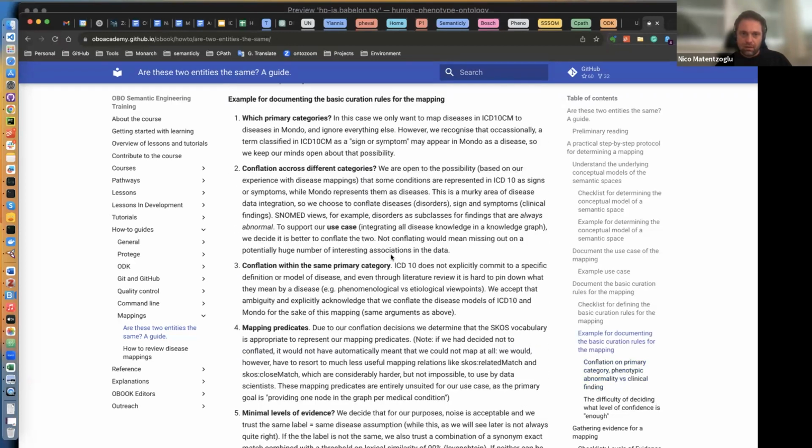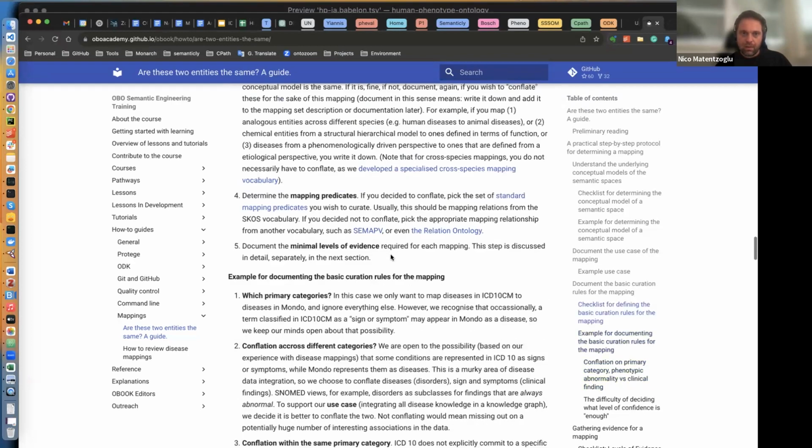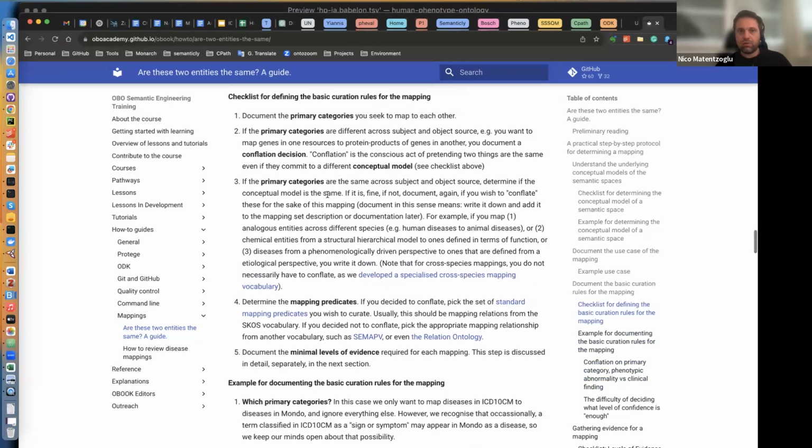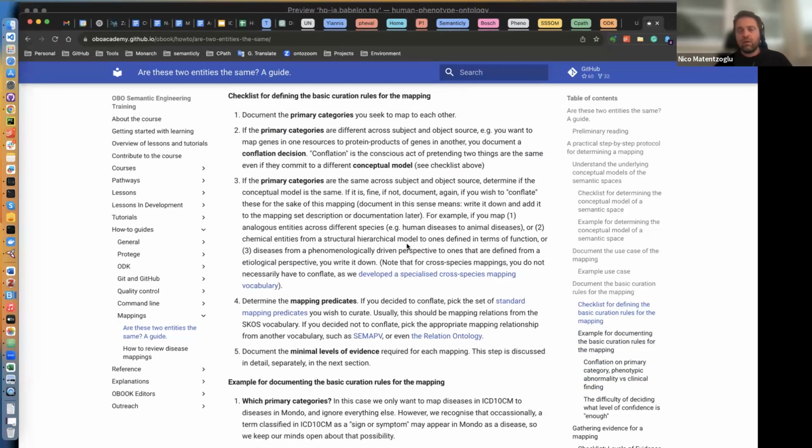So, okay. Then the next is conflation between different categories. Let's say you have genes, a classical example that Chris is always giving: genes in one resource and the primary protein products of the genes in another resource. Here you can make the choice to conflate those two because they have a very strong one-to-one relationship with each other, even though they are, strictly speaking, different things.